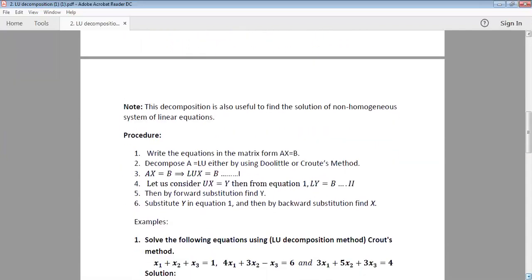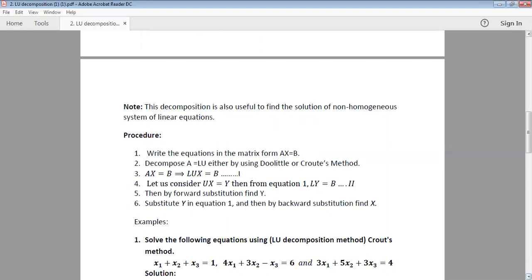And one note point we'll see. This decomposition is also useful to find the solution of a non-homogeneous system of linear equations. So we already know non-homogeneous systems of linear equations.